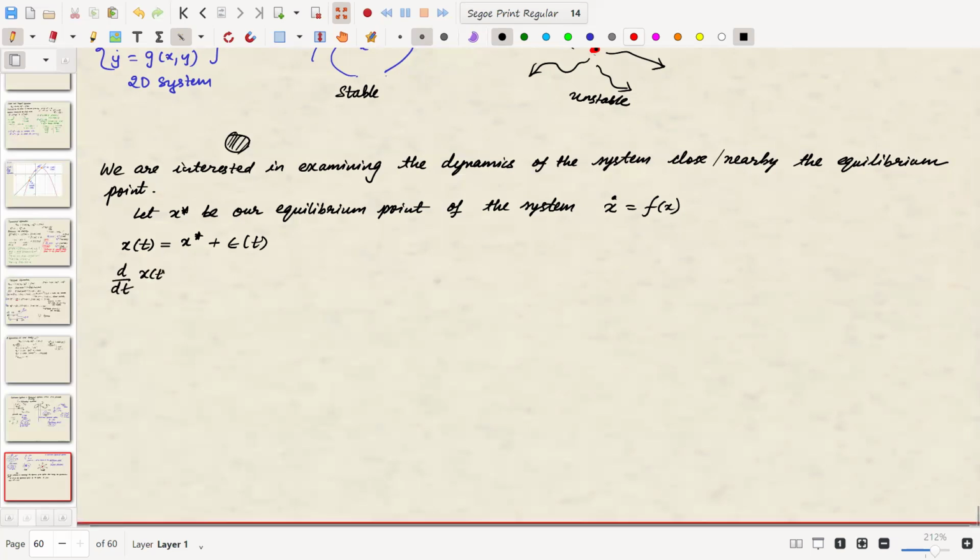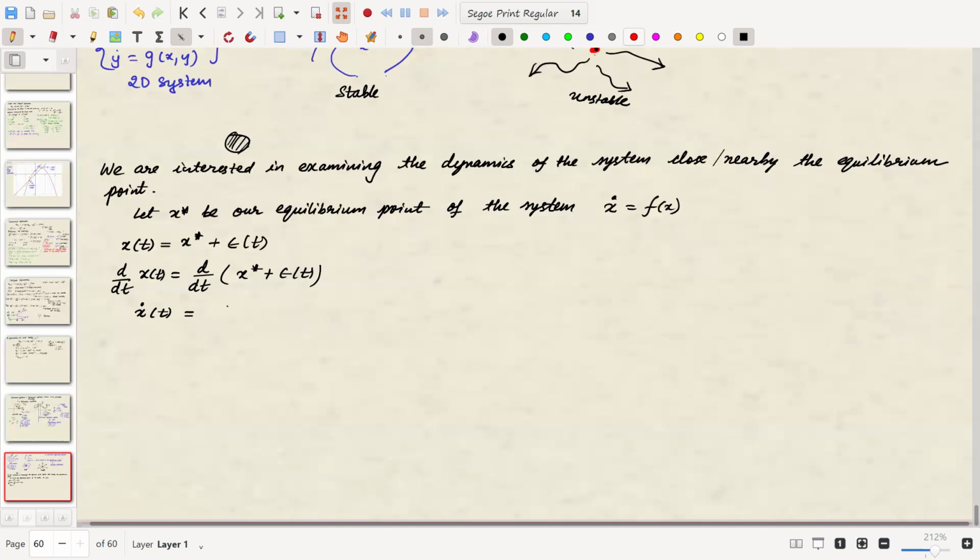d by dt of x of t on the left is just x dot, nothing else. On the right, d by dt of x star: you know x star is a fixed point, for your particular system it is just a number, and the derivative of a number is 0 because it is not changing.